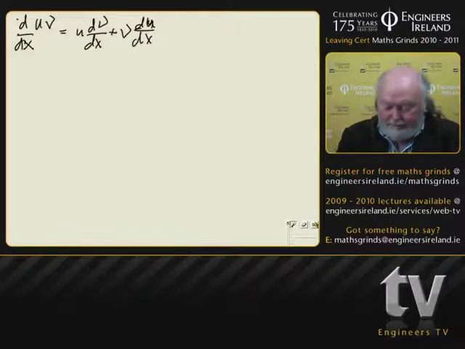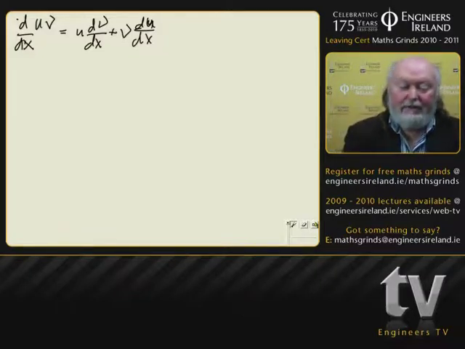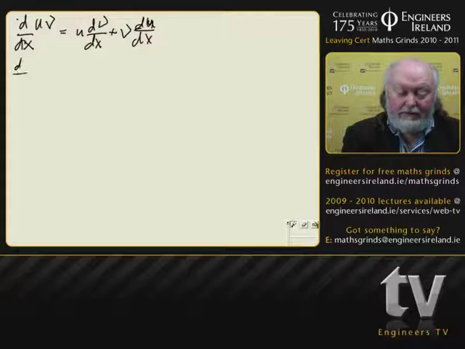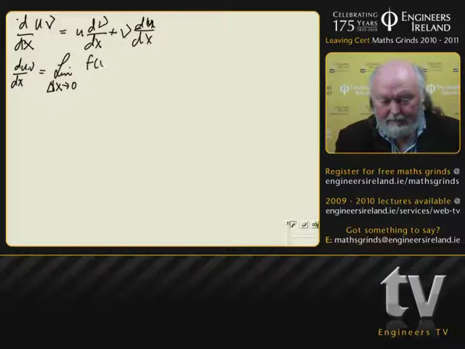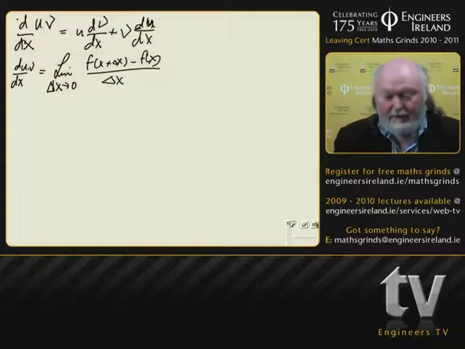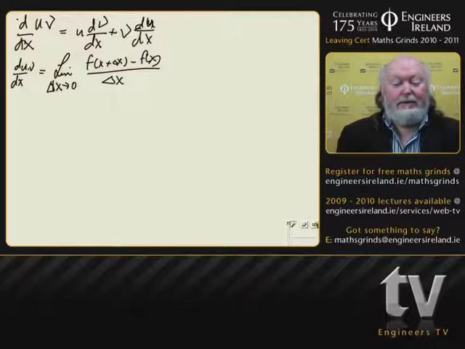What do we know? Well, we can start off in the usual kind of fashion and say, it's the d dx of uv is equal to the limit as delta x goes to 0, and we can happily populate this out because we know these two little functions here.